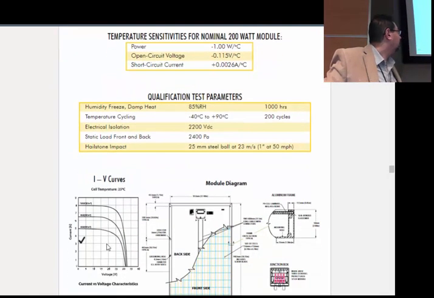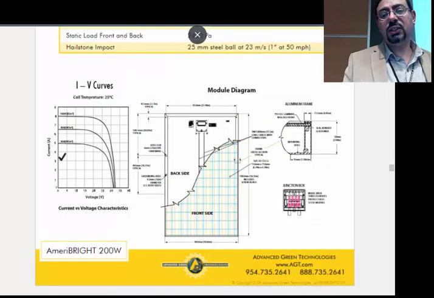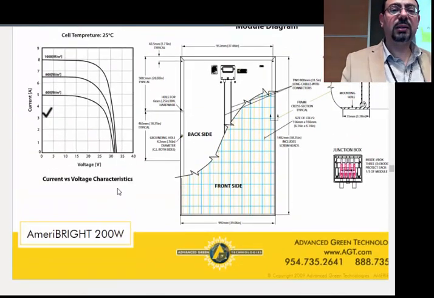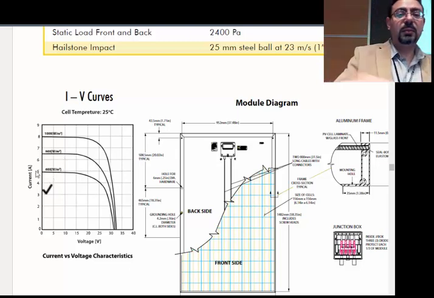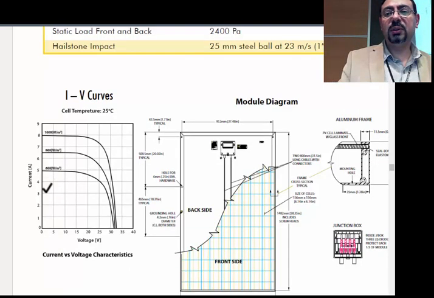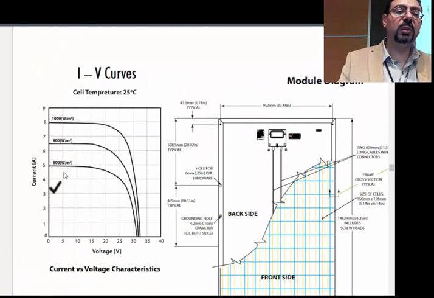So he's basically telling us that if you increase the incident radiation, expect more power output. Here's one sun. Here is 800 watt per meter square. Here is 600.